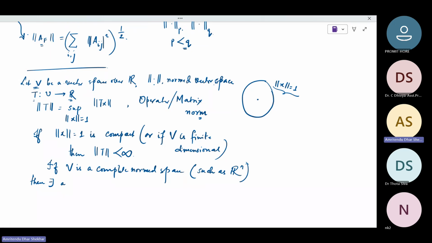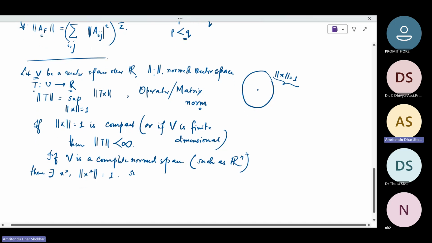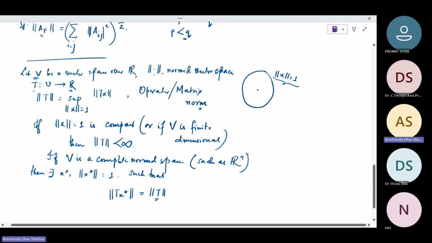So there exists x star, with norm of x star equal to 1, such that p of x star is equal to t. So this is actually achieved.